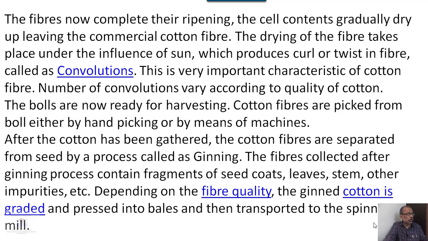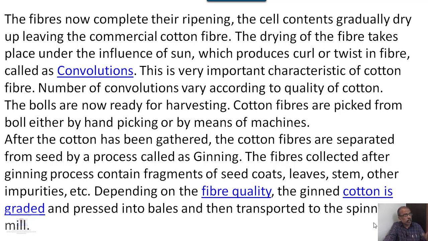Conversion of these fibers into yarn is assisted by these convolutions. So this is a very important part, that they naturally have convolutions. Some other things are also there, like maturity, ripening, that is the maturity of the fiber, etc. Some different kinds of tests are required to be performed.